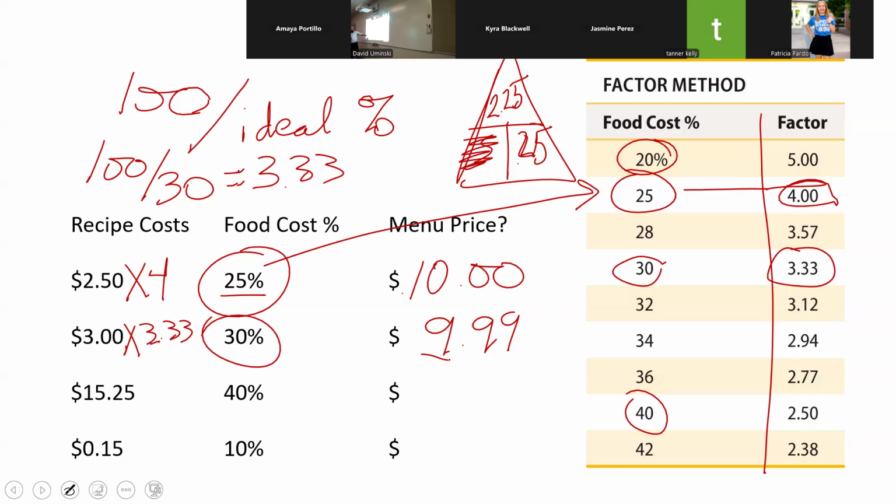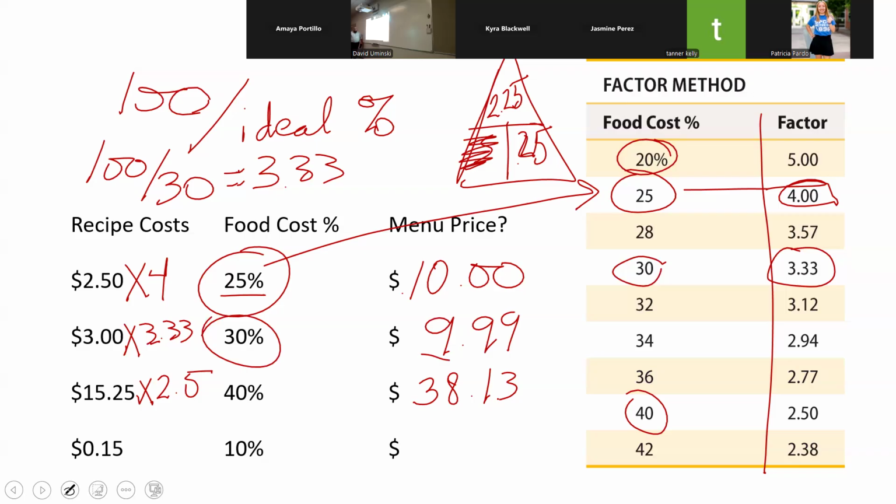All right, 40%. If we divide 100 by 40, that's our ideal percentage, what is our factor? 2.5. So now we can multiply by 2.5. And what is 1525 times 2.5? 38.125. Okay, so 3812, 3813.